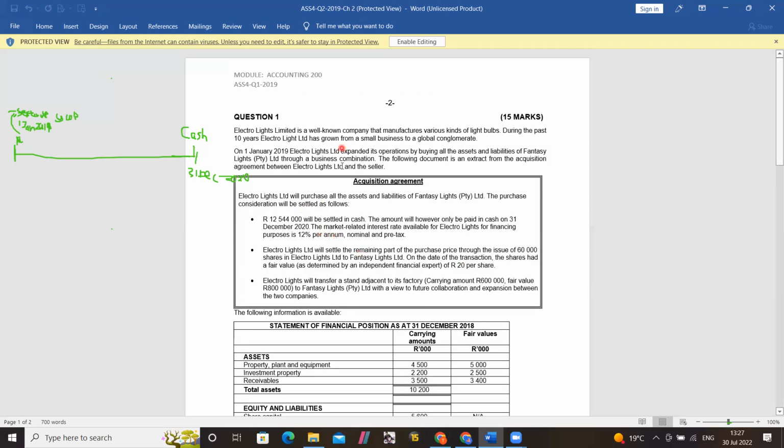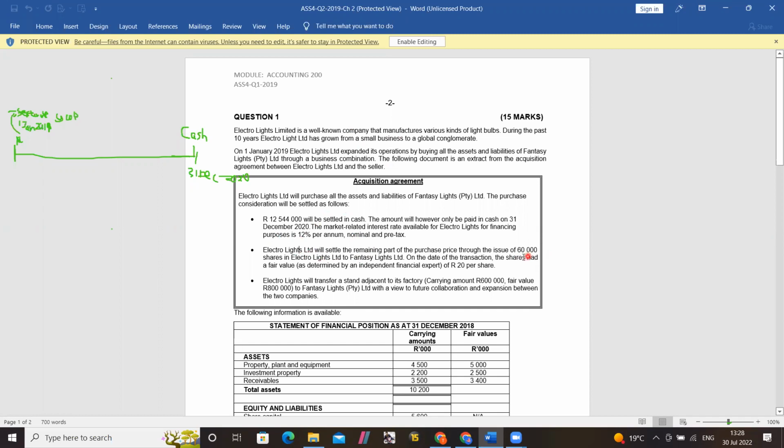So that's the first consideration you're gonna credit, and then the second one is they tell us that Electrolytes will settle the remaining part of the purchase price through an issue of 60,000 shares, right? So we are settling this acquisition with these 60,000 shares. So what are we crediting? Share capital, because we are issuing our own shares.